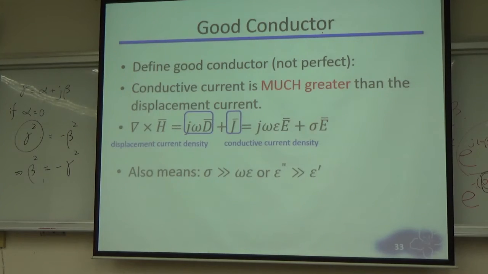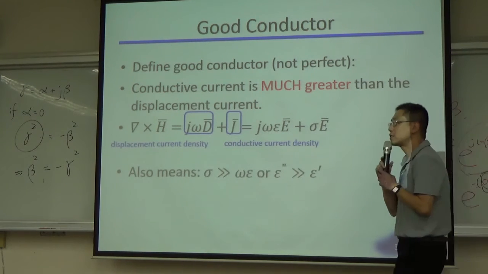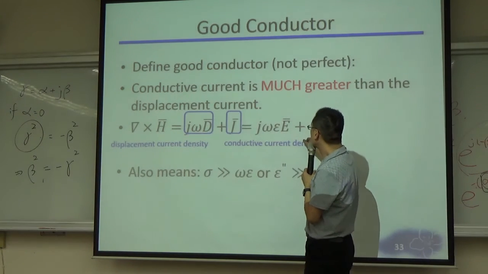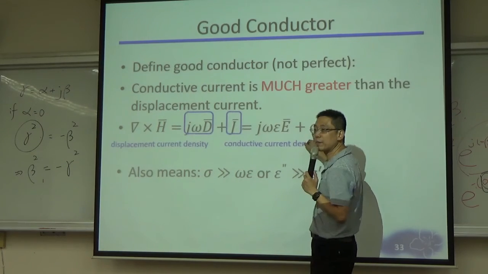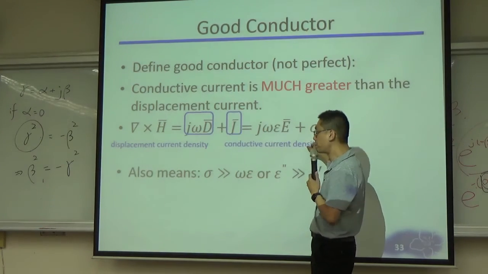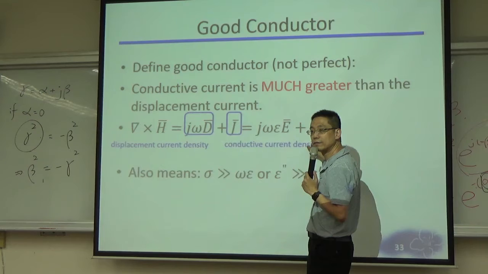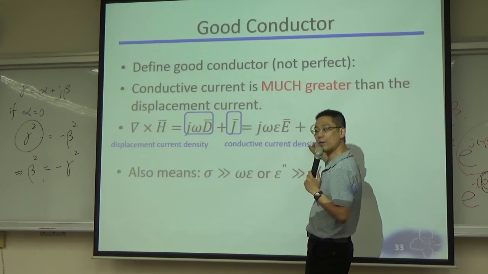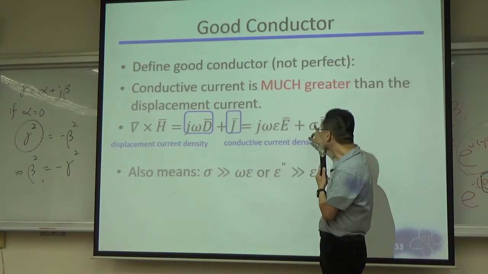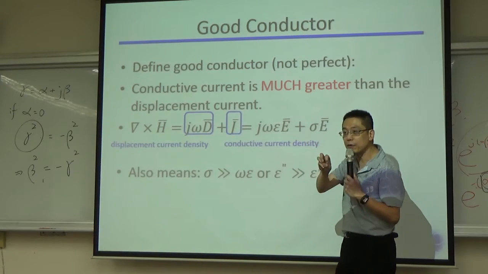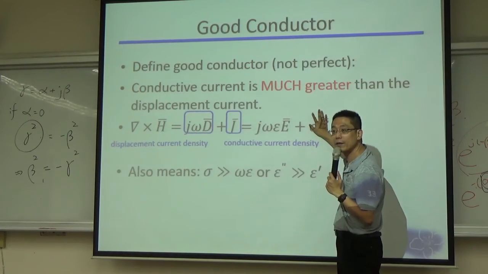Okay, what else? Now we still have time. Good conductor. The sigma, if this sigma is big enough or can be omitted, just if this one is very small, maybe you don't have this term, right?